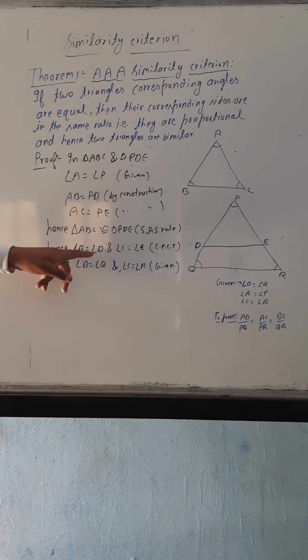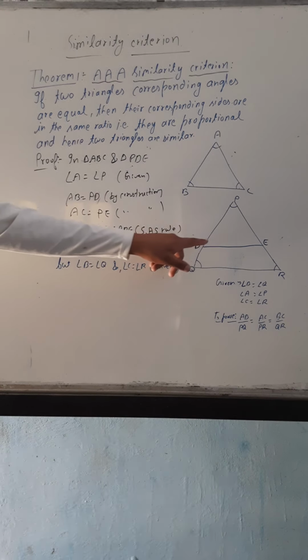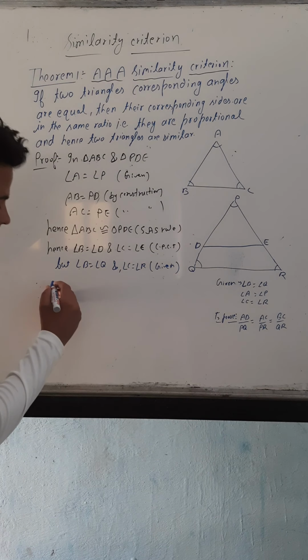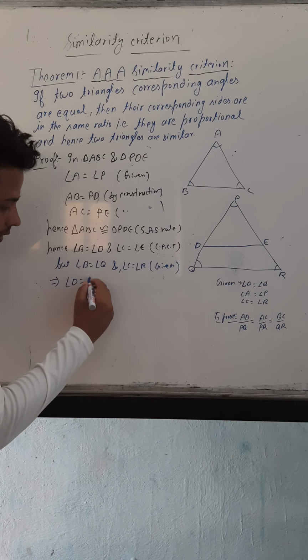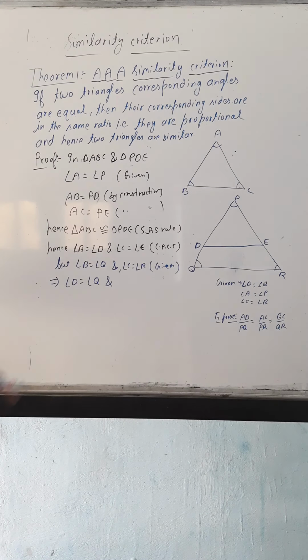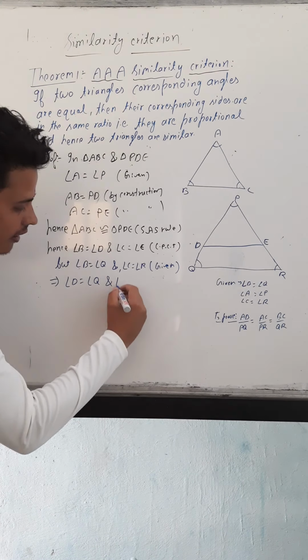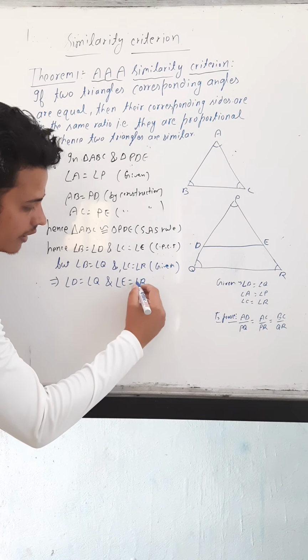We can say that angle D and angle Q are equal. Yes or no? So hence angle D is equal to angle Q, and angle E will become equal to angle R.